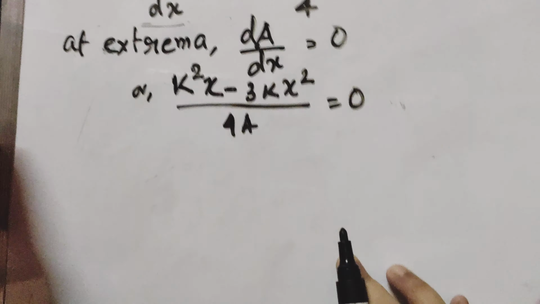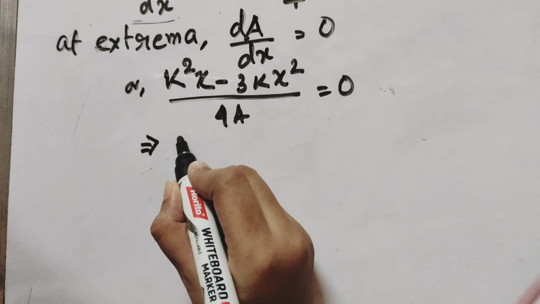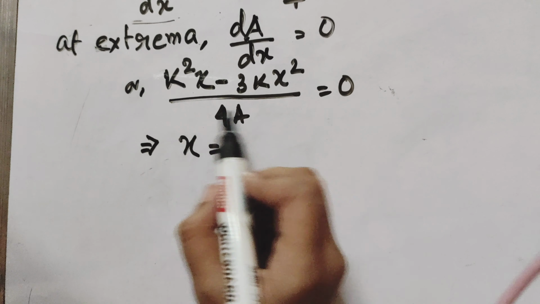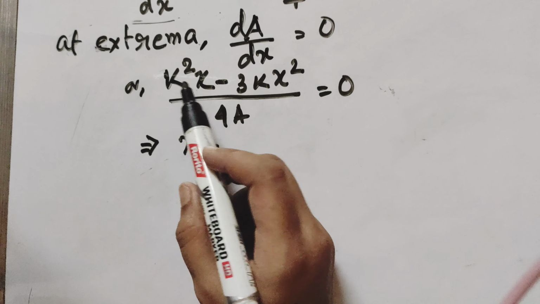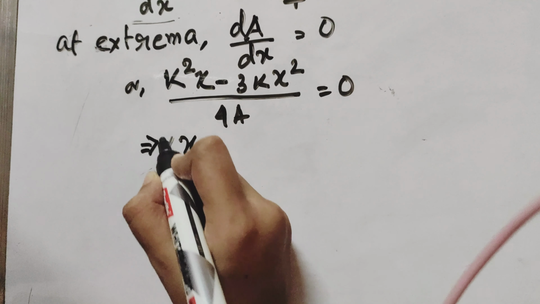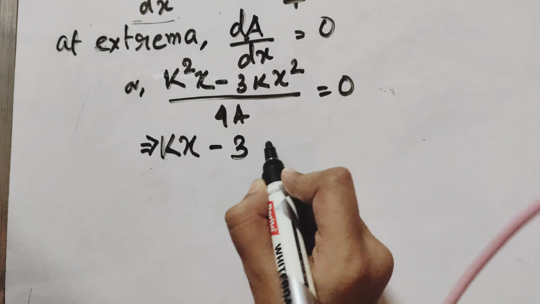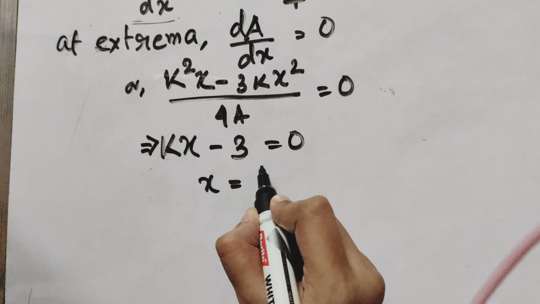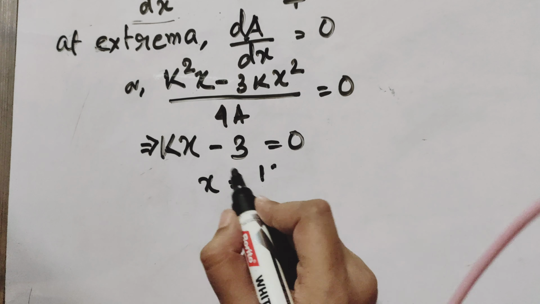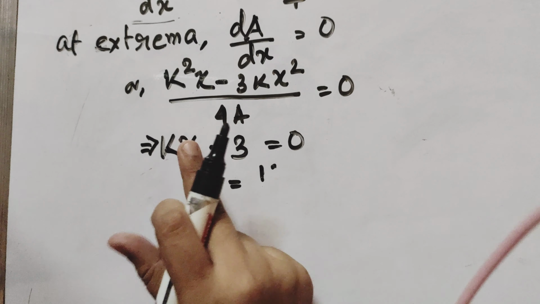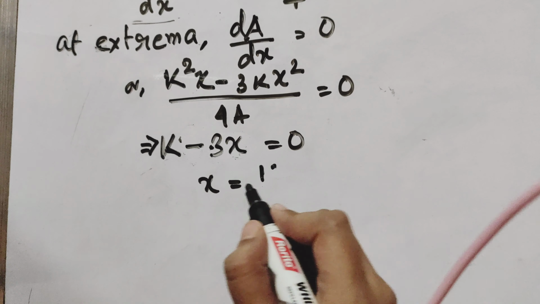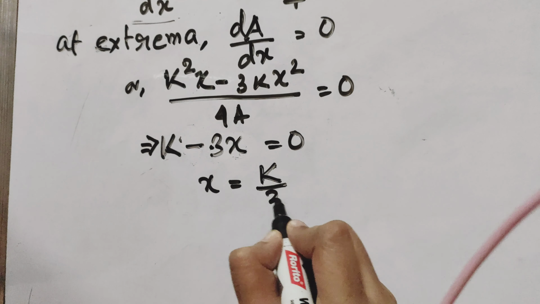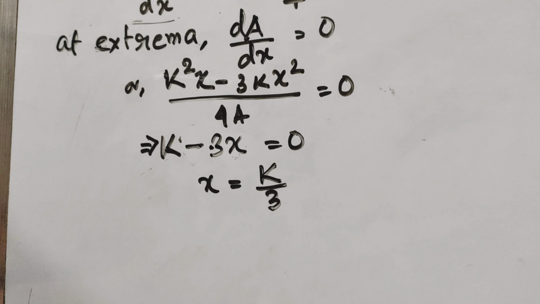Now 4A into 0 is 0, and k is common, so kx times (k minus 3x) equals 0. So x equals k by 3. We find the critical point, that is x equals k by 3.